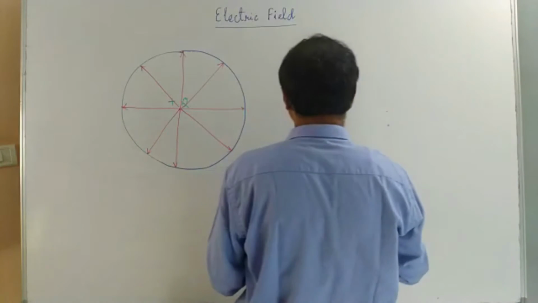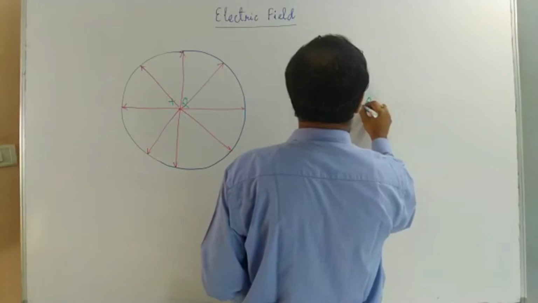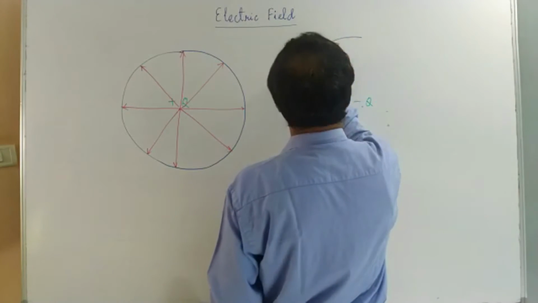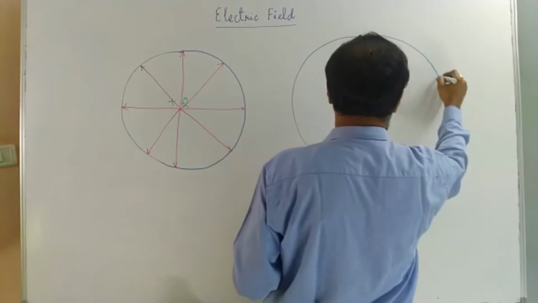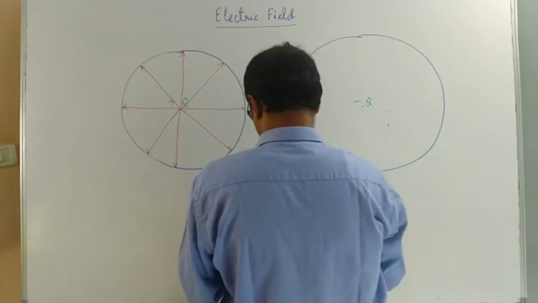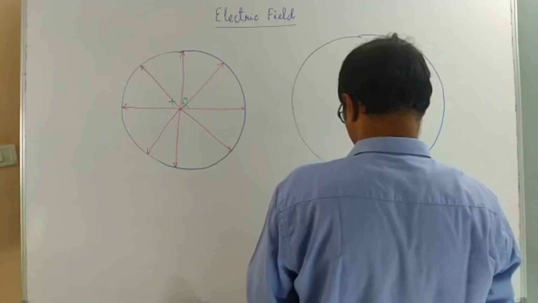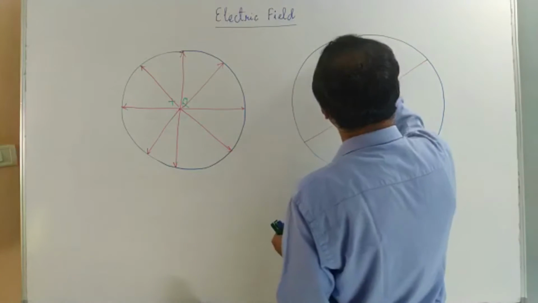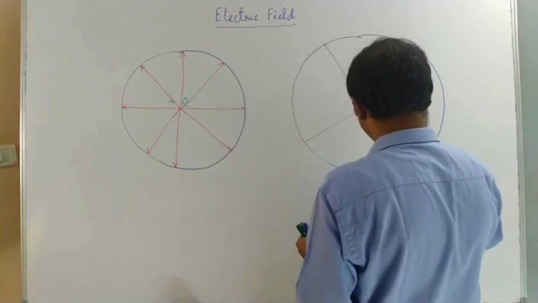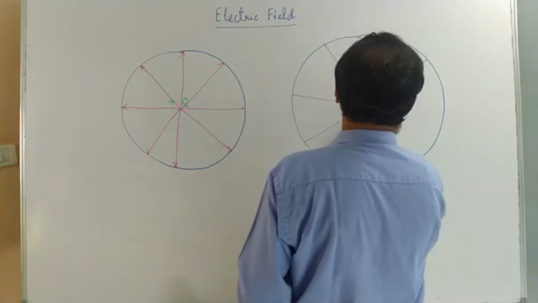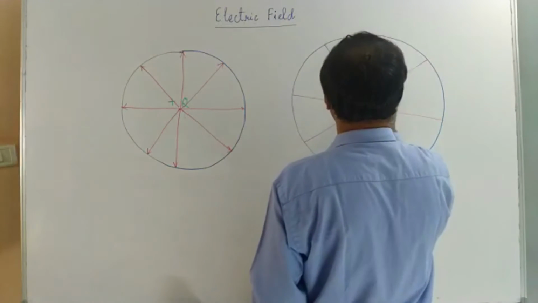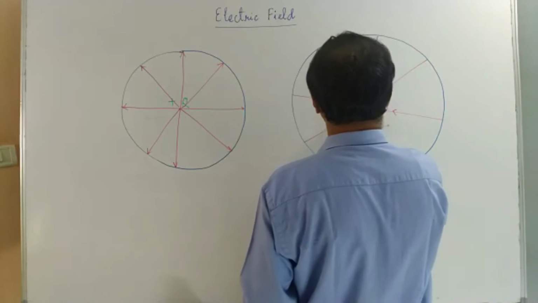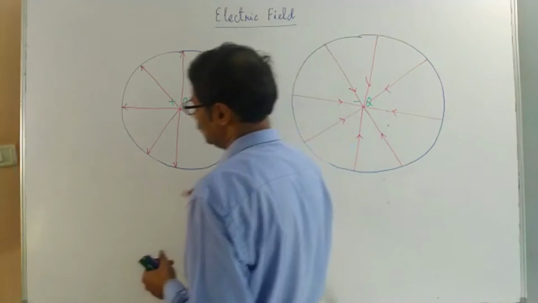If we consider a negative point charge Q, again it has a spherical symmetry as before. But now the electric field points in the radially inward direction.